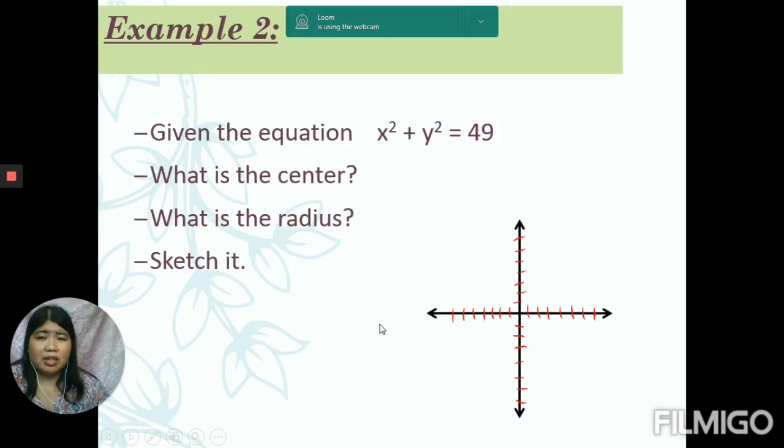Now, let's have this next example. So, our next example is, given the equation x squared plus y squared equals 49, what is the center, what is the radius, and sketch it. So, para mas makita natin, ipapakita ko siya sa papel.